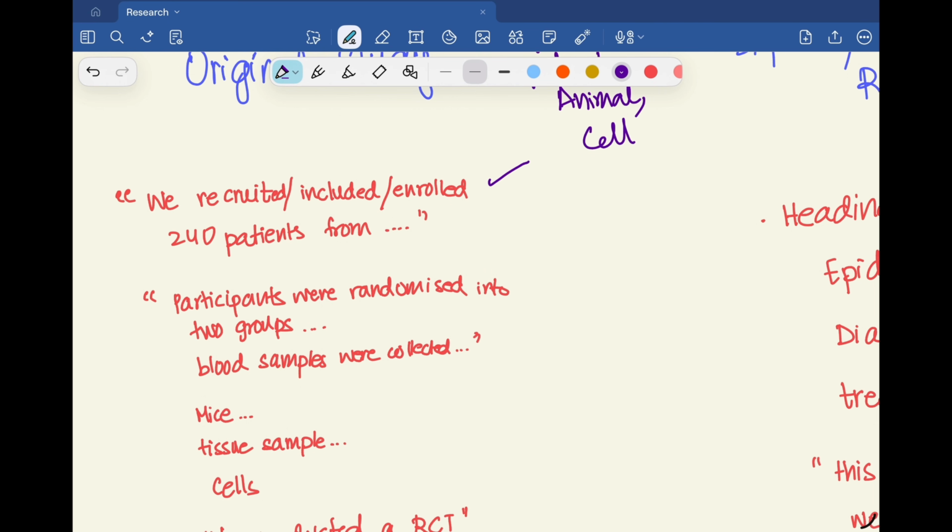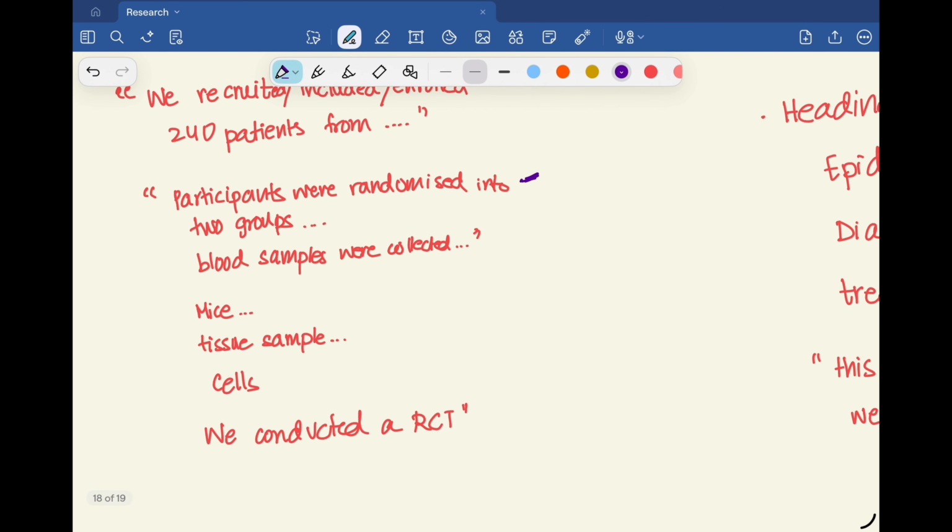You are going to see phrases like we recruited, included, or enrolled, for example, 340 patients from this hospital or tertiary care hospital. There are also going to be statements about how the participants were randomized, how the blood samples were collected.